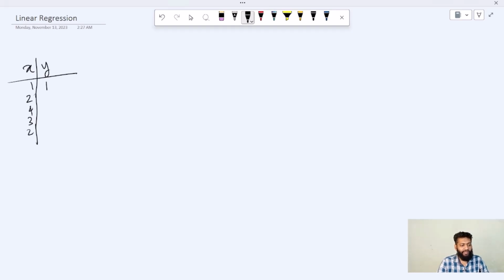When x is 2, y is 1.9. Then for 4 it is 3.9, for 3 it is 3.1, for 2 it is 2.1, and we need to find out the value of y when the value of x is 5.